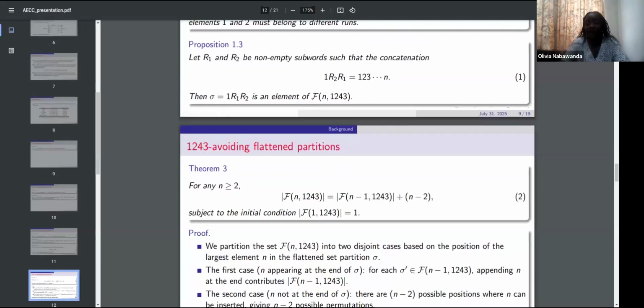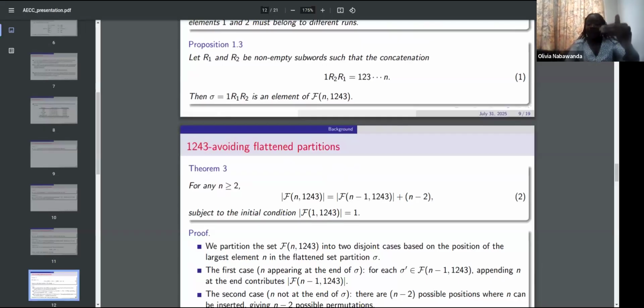And from this property, from this equation 1, we can actually observe that in each of these non-empty subwords, the elements are actually consecutive. That's why they are able to give us the identity flattened partition under this concatenation.